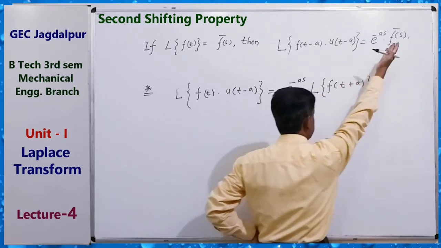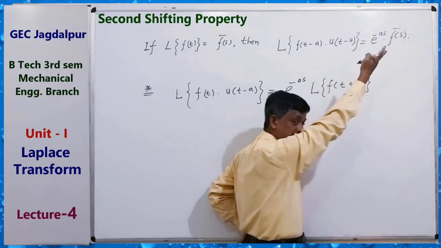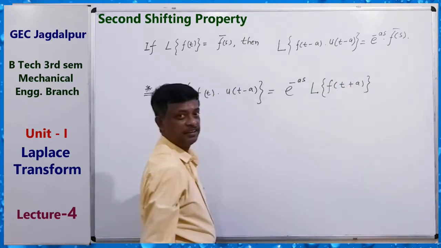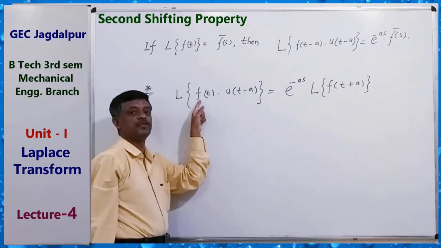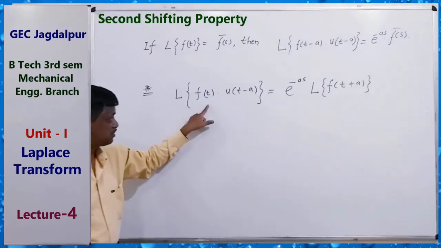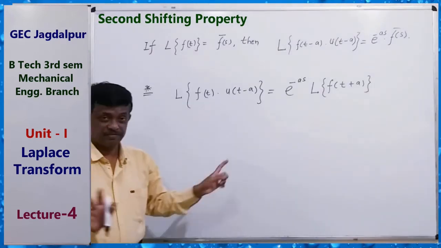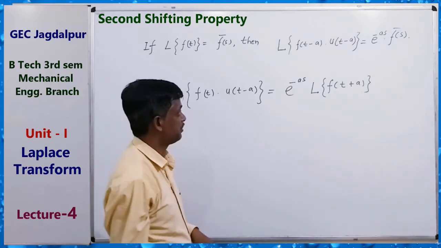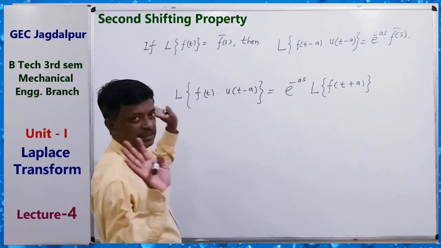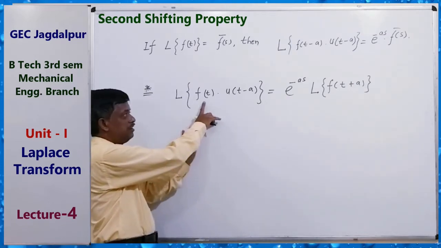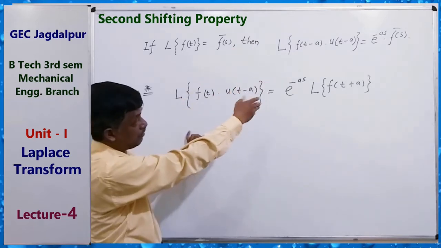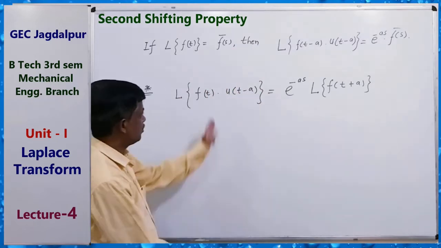Here it is L{f(t plus a)}, when here it is f(t) only. Here f(t minus a), here f(t). So using this formula, we have to solve many questions. These two formulas are the same, but you can see the difference. How can you solve it?